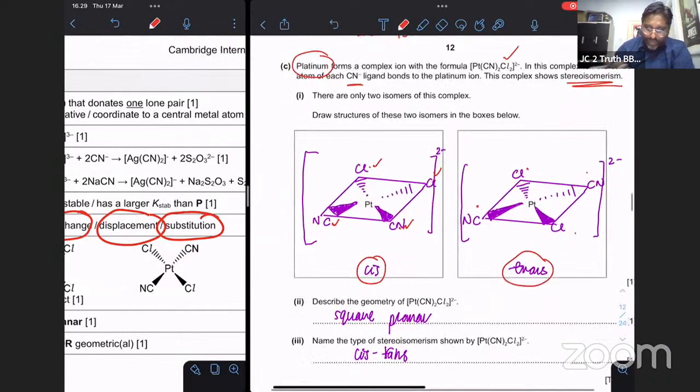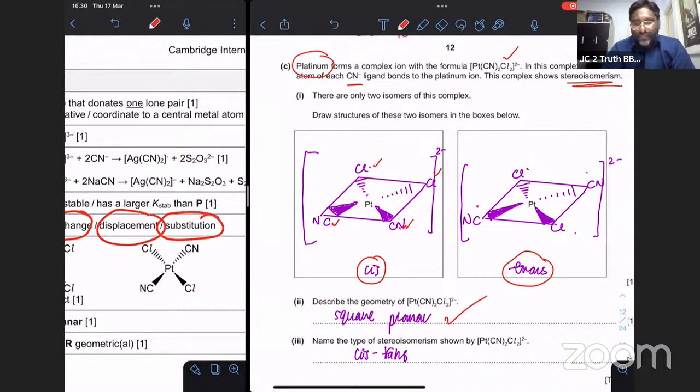So when they say describe the geometry, no problem: square planar. And for the type of stereoisomerism, you can write geometrical isomerism, and if you want to be specific, cis and trans isomerism. But no optical isomerism. Remember that. In order to have optical isomerism, you need to make sure that all 4 groups are different.